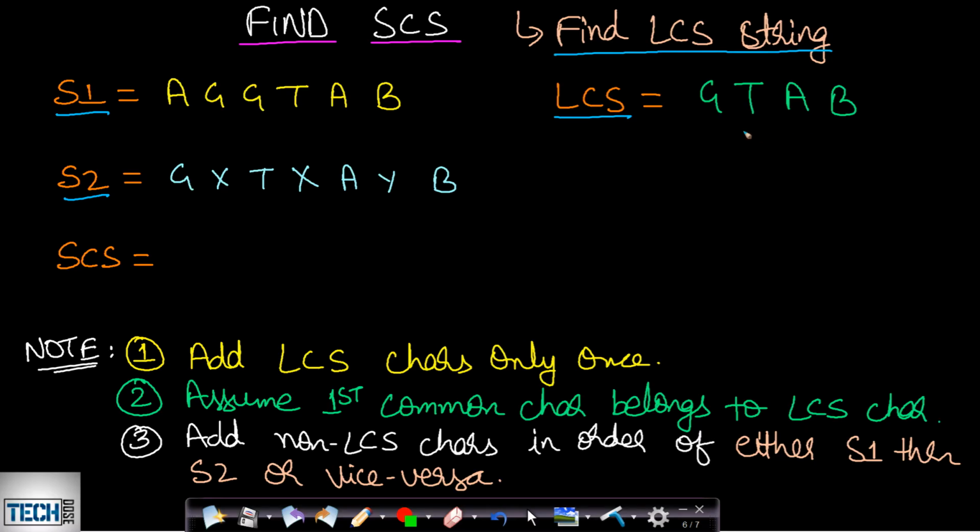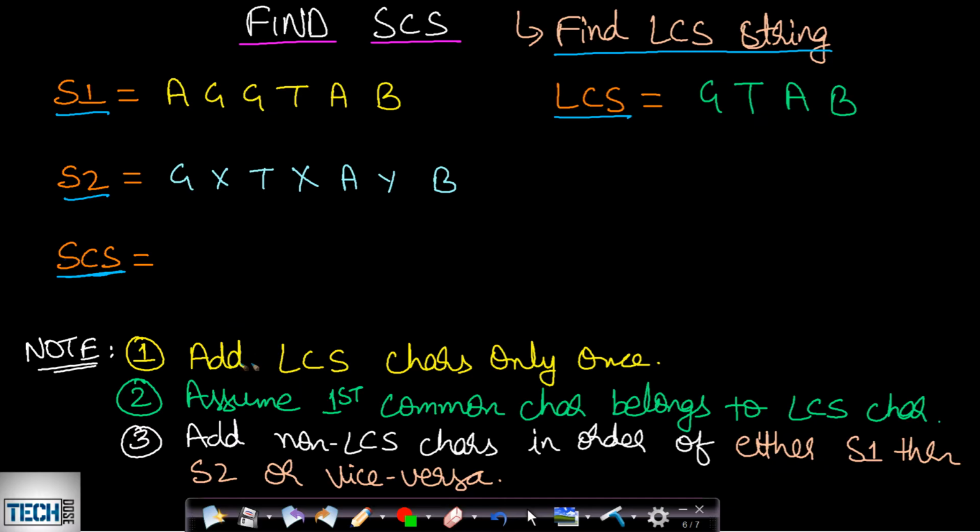Okay, so once you have calculated this LCS, then what you need to do is you need to form the shortest common supersequence string. Now the thing to remember here is, whatever character is present in LCS, you want to include it only once in the SCS, as I had already shown you.